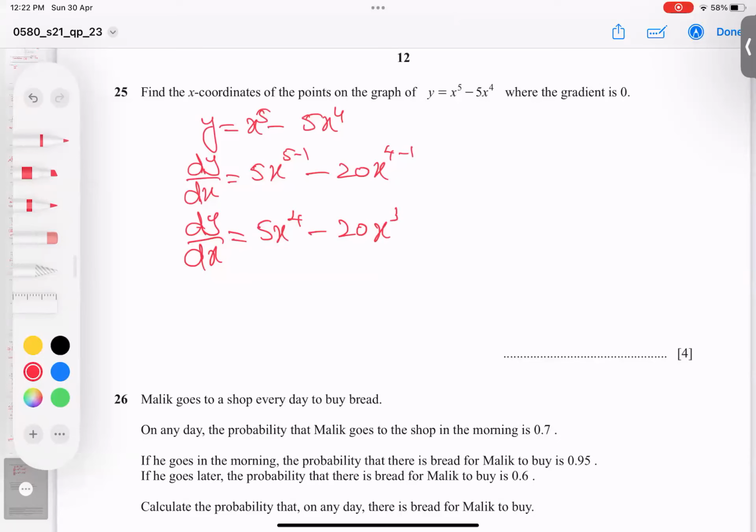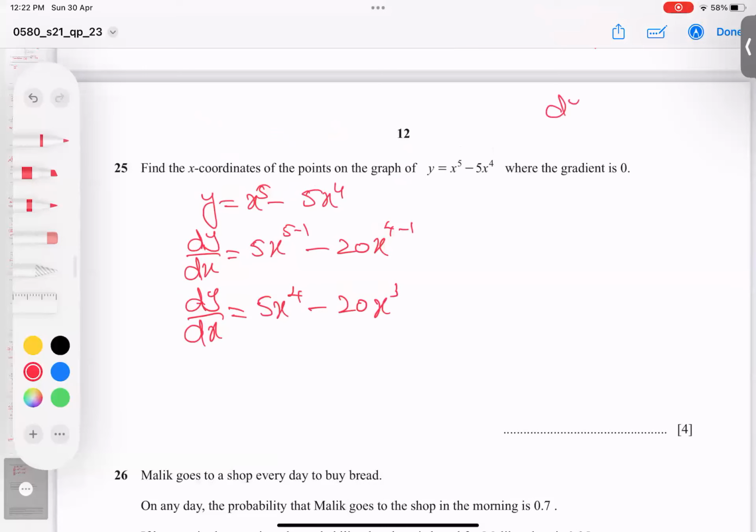Okay. Now, he said that the gradient is 0. For your knowledge, the derivative, I mean dy over dx, or gradient, they are the same. So I will plug in the derivative in place here as 0.